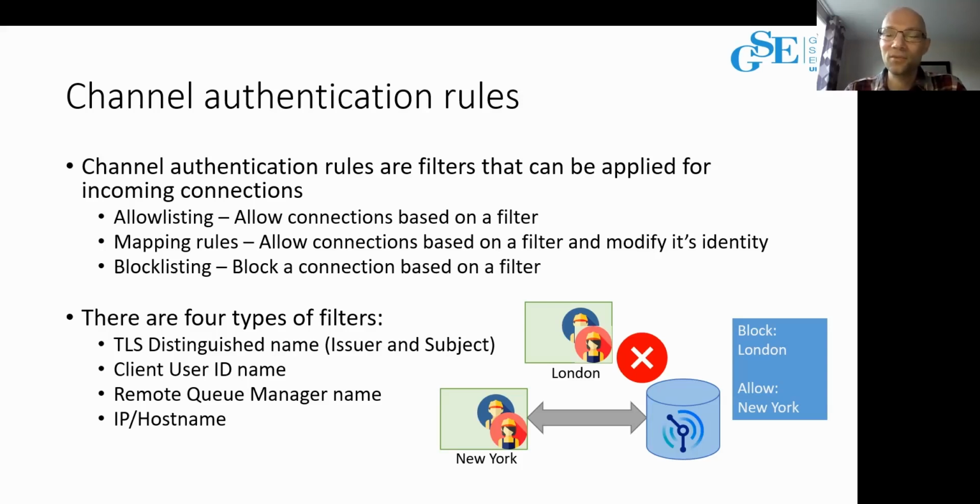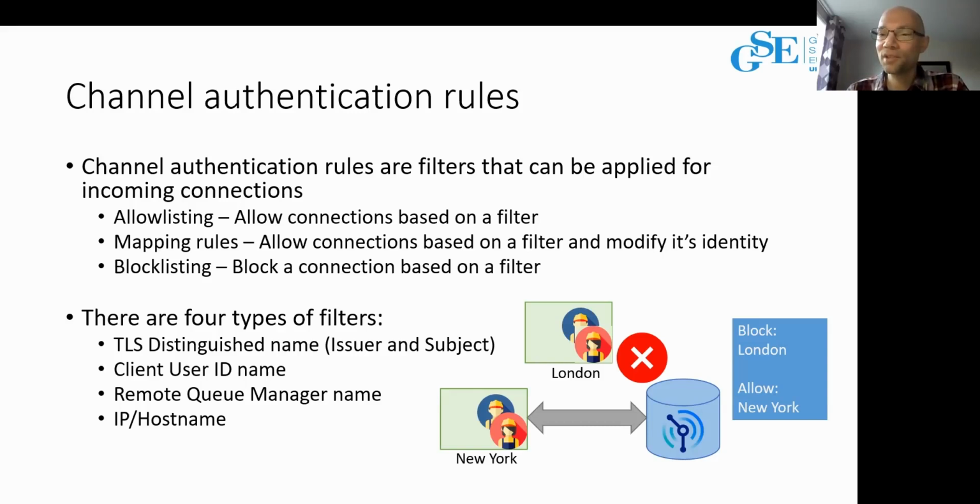So you can set channel authentication rules to block connections that have certain attributes or allow connections with certain attributes. And the different types of filters all correlate with the identities that I talked about earlier.